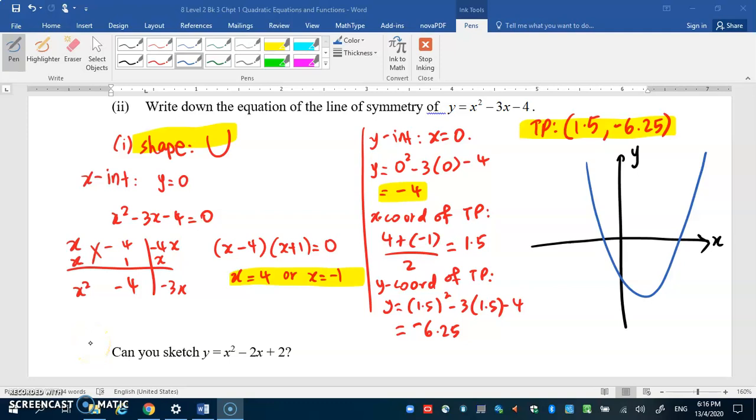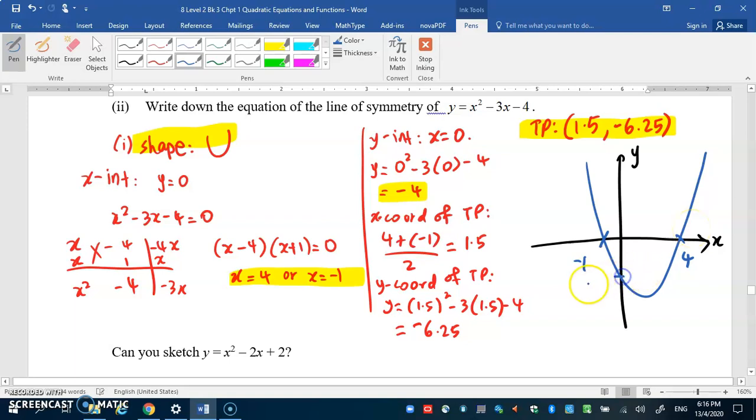Okay, I'm going to fill in the coordinates. So this is -1, this is 4, my two x-intercepts. My y-intercept is -4, my turning point is (1.5, negative 6.25), which makes sense, right? This is supposed to be the position of the turning point.